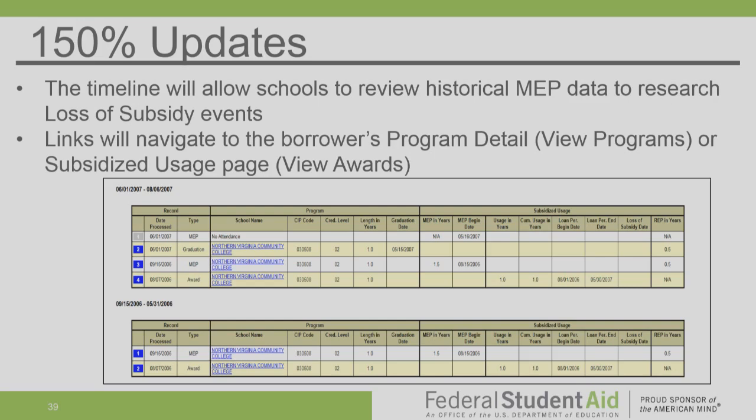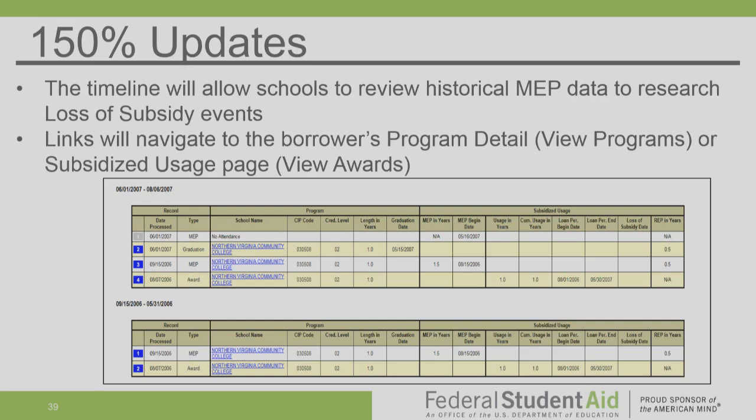So at the very first slice, that's the highest slice on the screen here, that's the information that was current in this example, which we know it's fake data because this is 2007, 2008. But this would have been both the enrollment as well as the usage that was used to drive the borrower's MEP and REP during that time period.